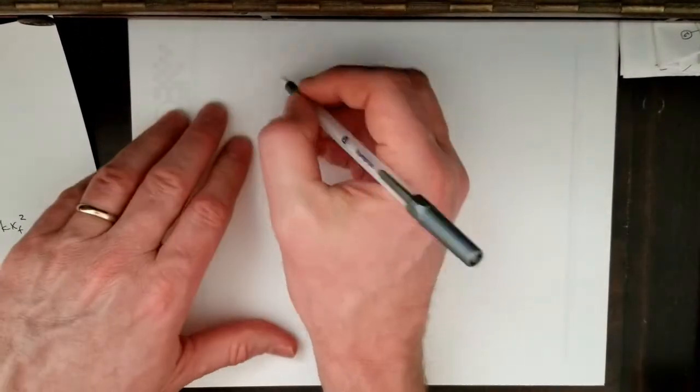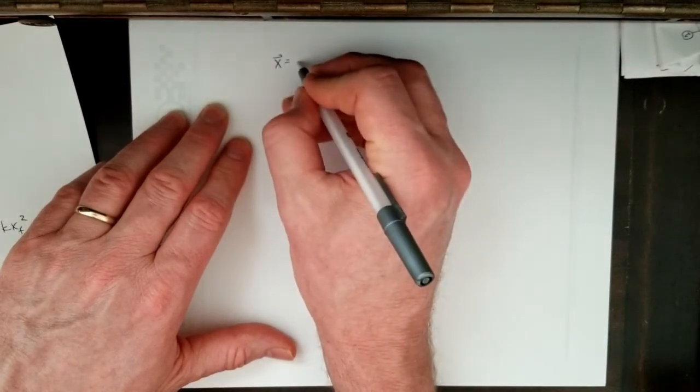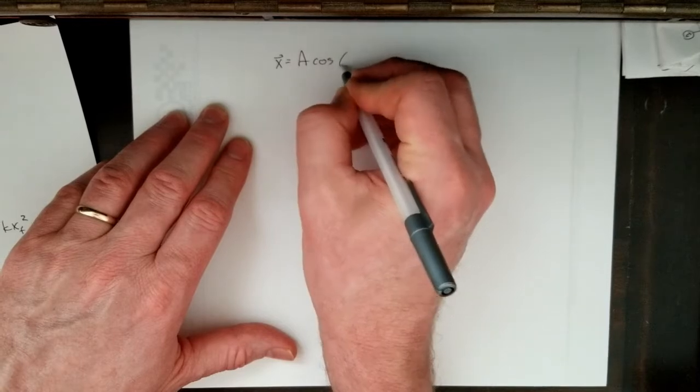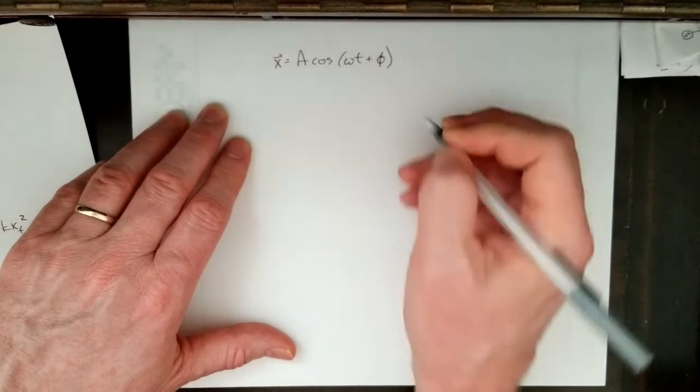I know that my generic formula for position for something in simple harmonic motion is an amplitude times the cosine of omega t plus phi.